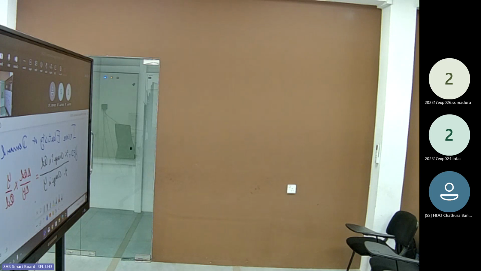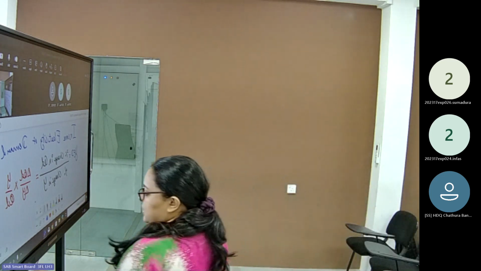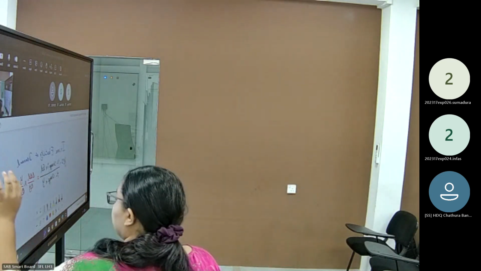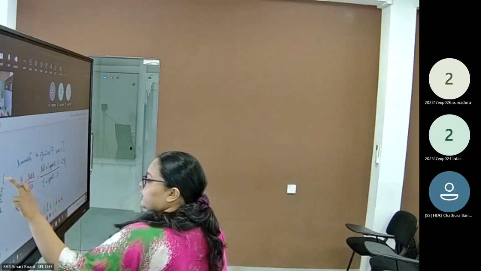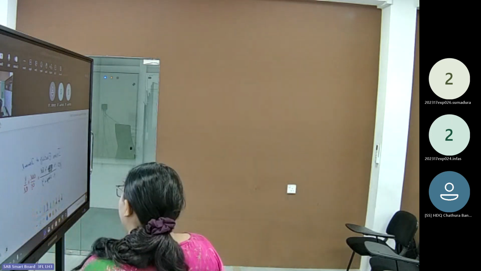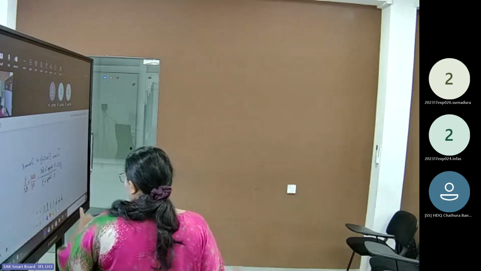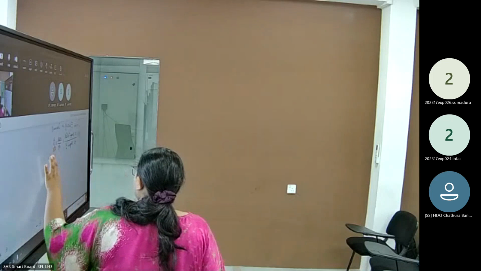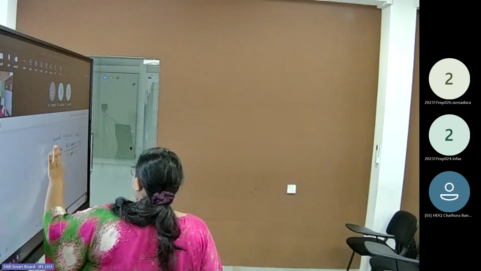Methodology, right? Use the table. If you are given a question in paragraph form, the best way is to take the table first.